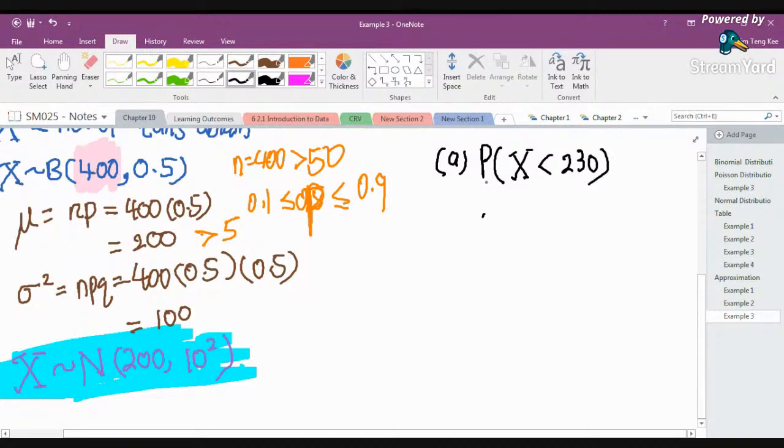Once I have this probability stated, next we try to calculate the value, and please be aware, I'm going to begin with continuity correction first, because this is an approximation from binomial to normal, from discrete to continuous. So X less than 230 here will be correct too. So I don't want to include 230, so my choice will happen to be 229.5.